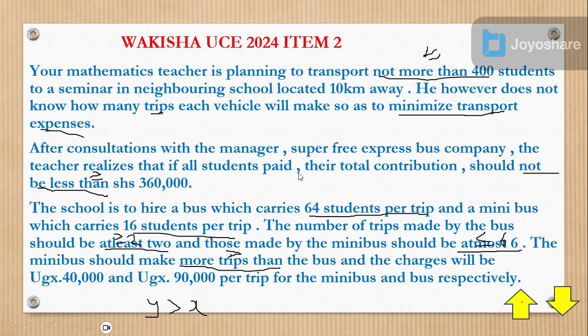But then we come and see in this last paragraph that the school is to hire a bus which carries 64 students per trip. Now a bus, take note of this.